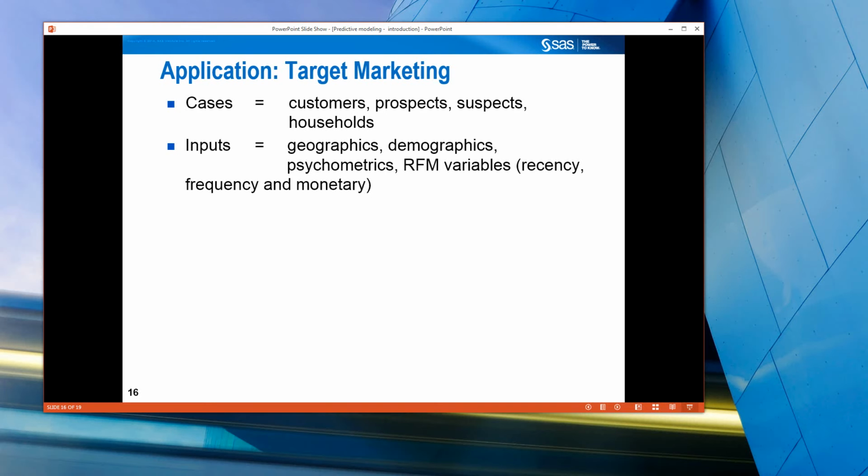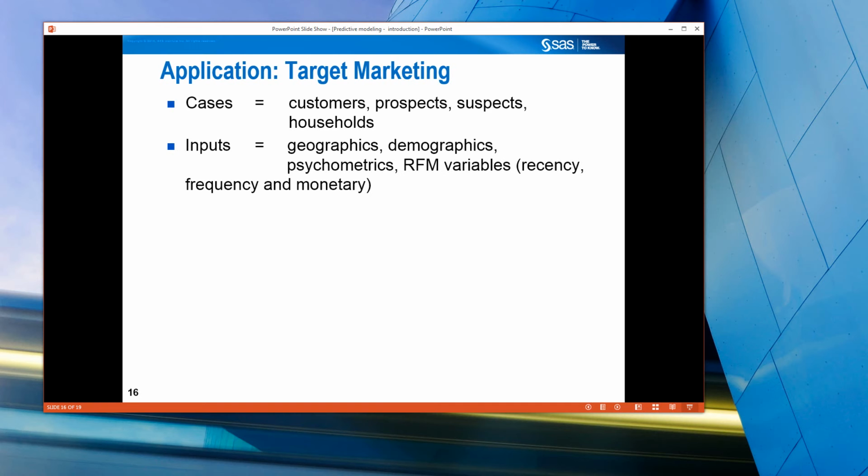Geographics refer to the geographic location vendors or customers live in. Demographics refer to things such as the customer's age, race, gender, income level, and education level.